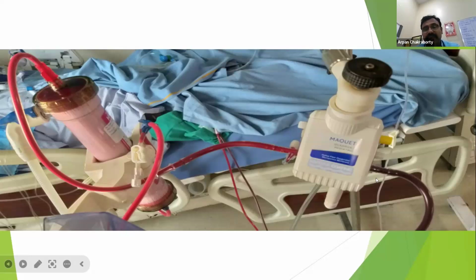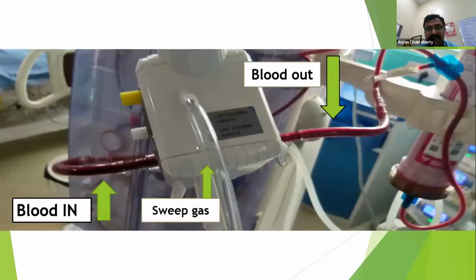Blood goes from here to get oxygenated, then goes back, carbon dioxide removal is done in that oxygenator, and the blood goes through the dialysis machine, and the CO2 comes out along with the dialysis. You can see it very clearly. This is the membrane lung. There is a blood out, there is a blood in, and sweep gas is connected here. Sweep gas acts as a CO2 removal mechanism.